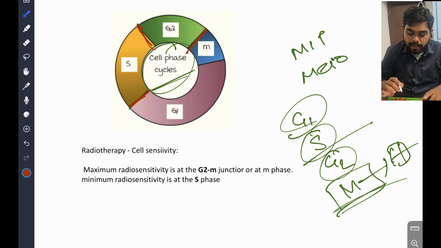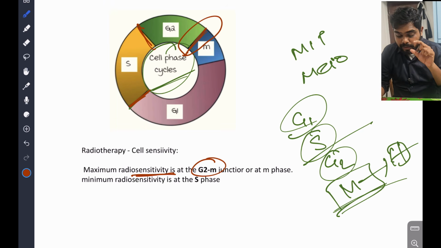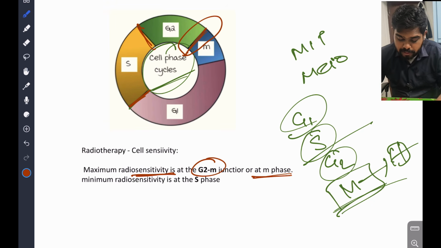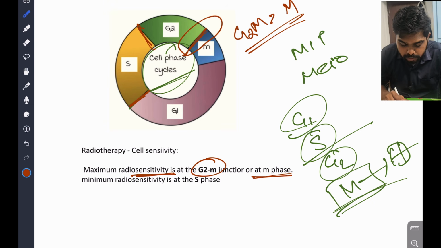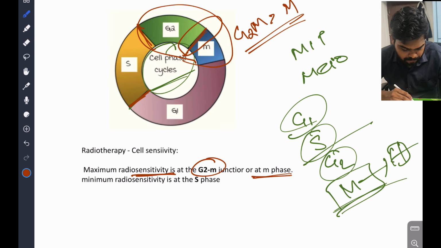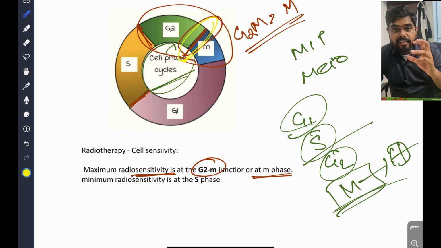Maximum radiosensitivity is at the G2M junction. At the G2M junction, radiosensitivity is high, or at M phase. After G2M it is M phase.